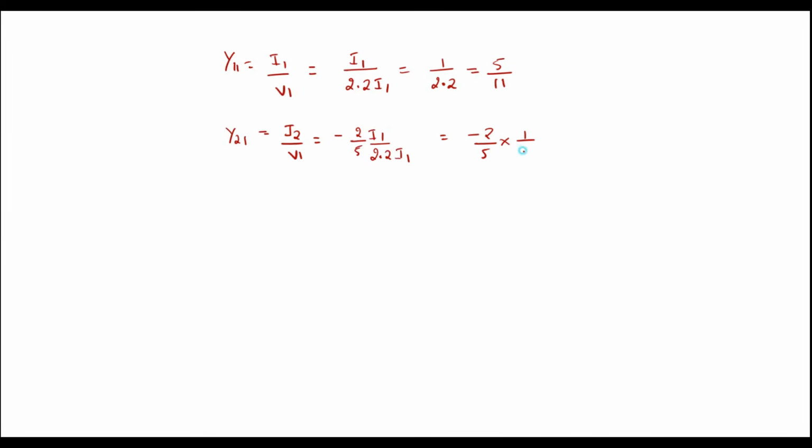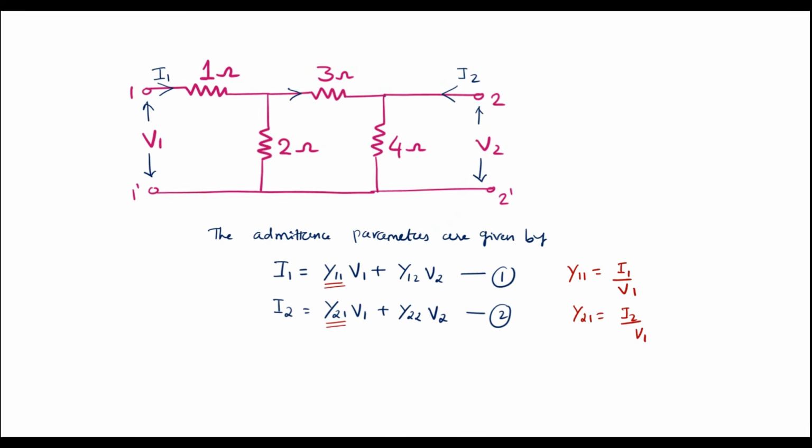I1 will get cancelled, 1 upon 2.2. So simplifying this, we'll get minus 2 by 11. So therefore we found the first two parameters. Y11 is equal to 5 by 11, and Y21 is equal to minus 2 by 11. These two parameters we got by shorting 2 2 dash, the output port.